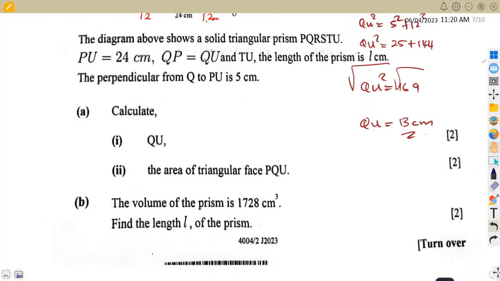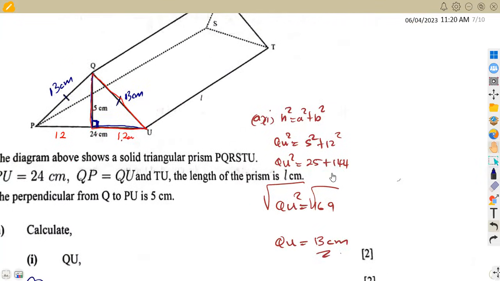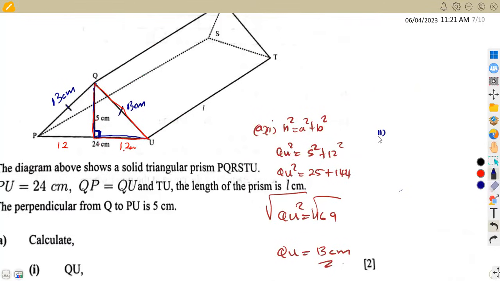All right, then item 2, we are given the area of triangle PQU. This triangle is a right angle triangle if we take it this way. Remember that the area of a right angle triangle is half of the base times the perpendicular height. So our area is going to be half times the base from P to Q. This is the whole base, which is 24.